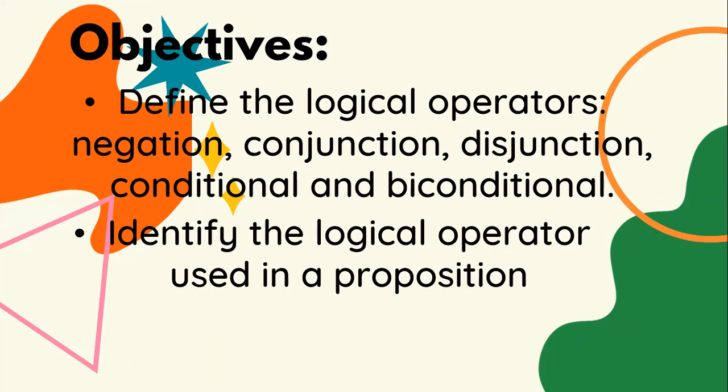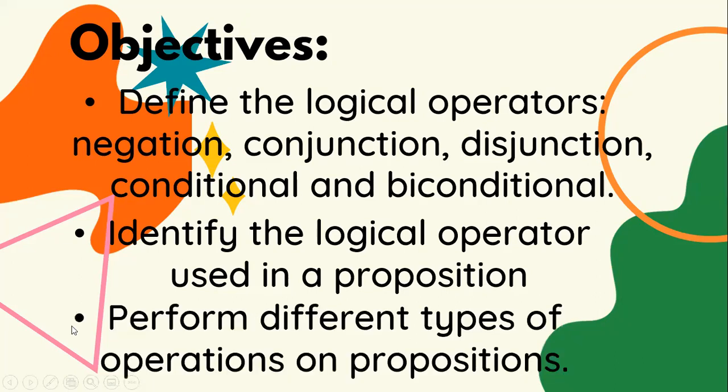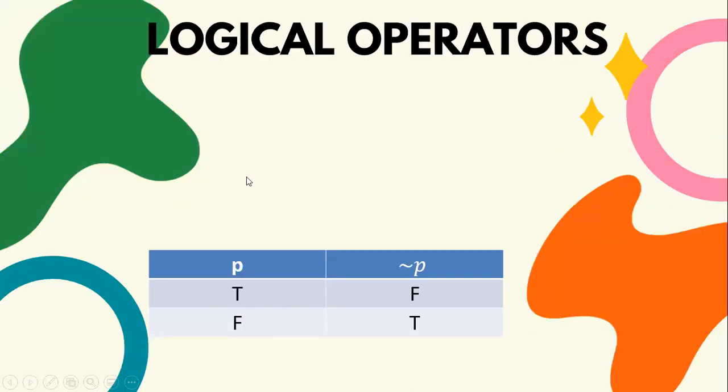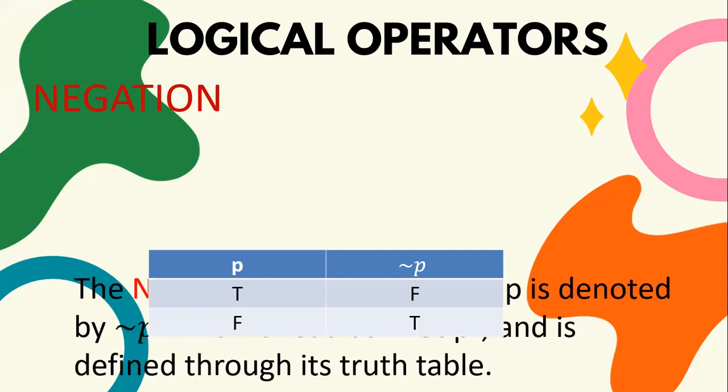So, dito papasok yung not, and, or, if, then, and then if and only if. And then identify the logical operator used in a proposition. And then lastly, perform different types of operations on propositions. Okay, so you need to remember all these logical operators because by next week, we will be using this. Medyo mahaba-haba ang gamit nito sa next week na discussion natin.